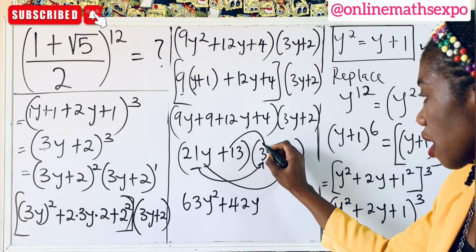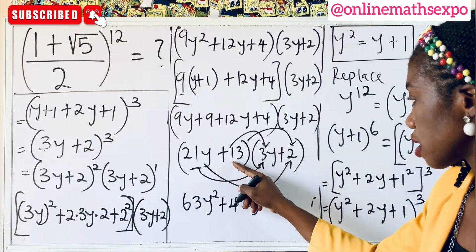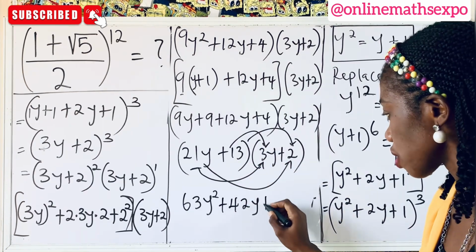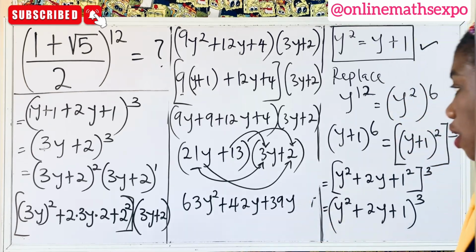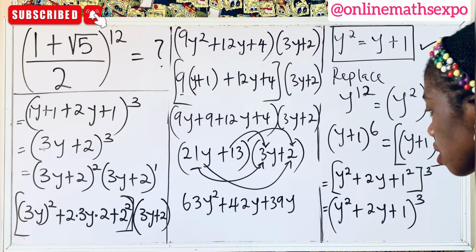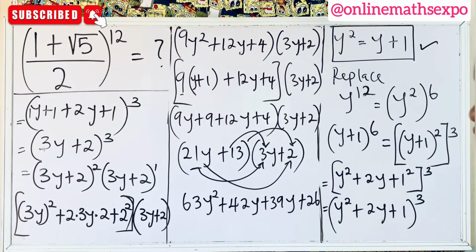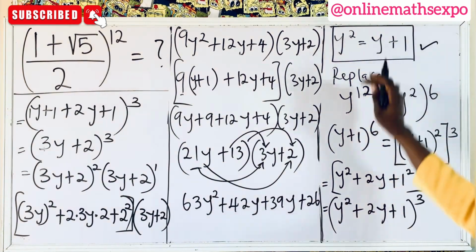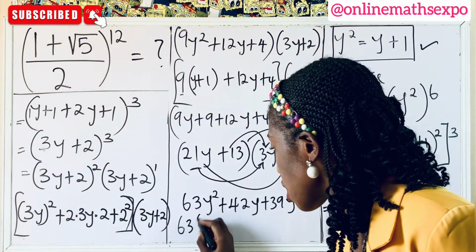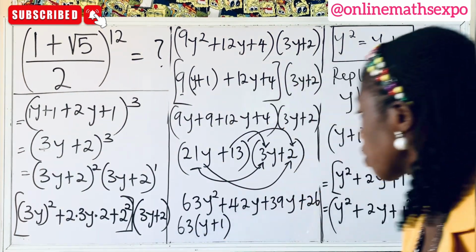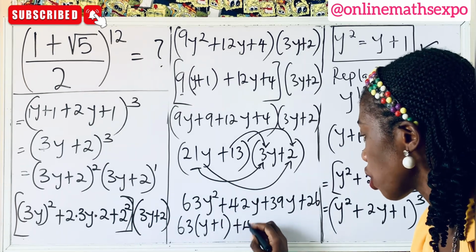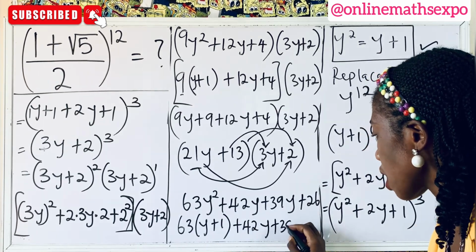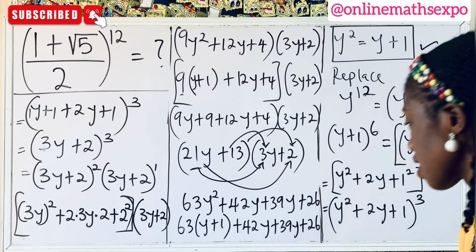Then repeat it here: 13 multiplies 3y will give us 39y, then 13 multiplies 2 gives us 26. What do you still observe? Another y squared. You keep reducing, so we're still going to reduce it. We have 63 into (y plus 1), plus 42y plus 39y plus 26.